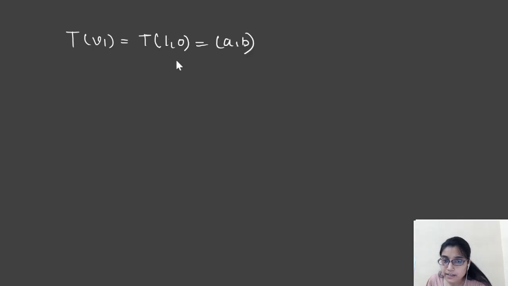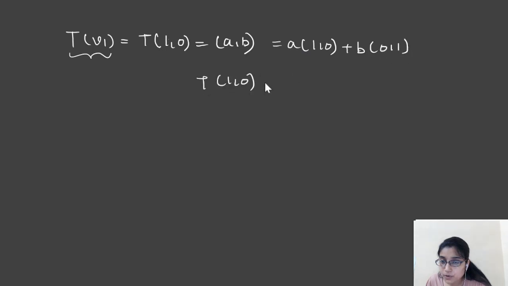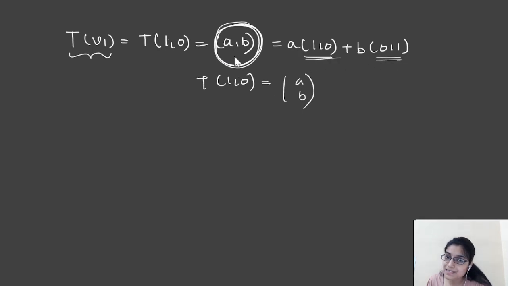And you know that if you want to find the coordinate vector with respect to the standard basis, you will write it down like this. See? So if I ask you the coordinate vector of a comma b, what is it going to be? It is going to be a b only. So what I am telling you is that the coordinate vector of any vector with respect to the standard basis is that vector itself.